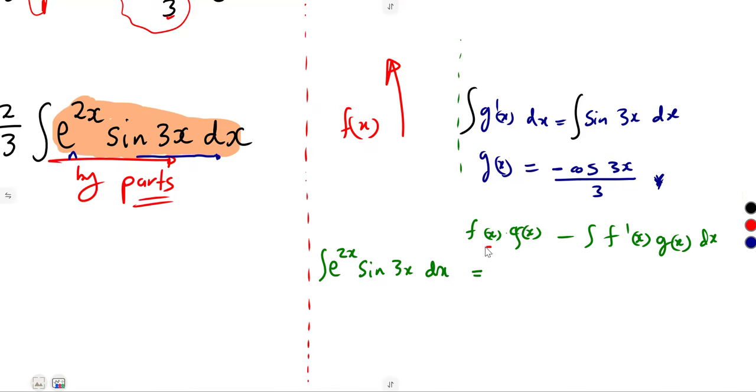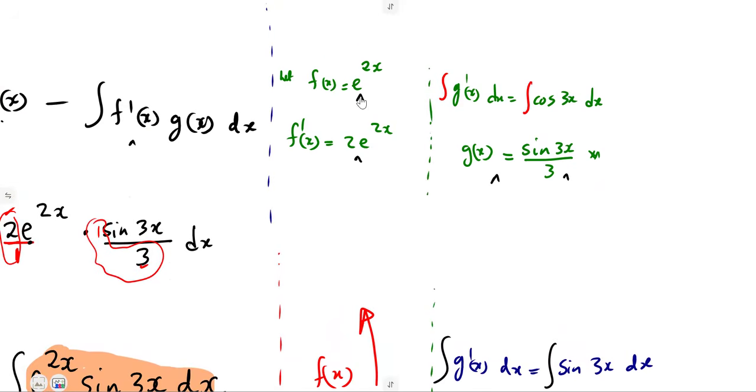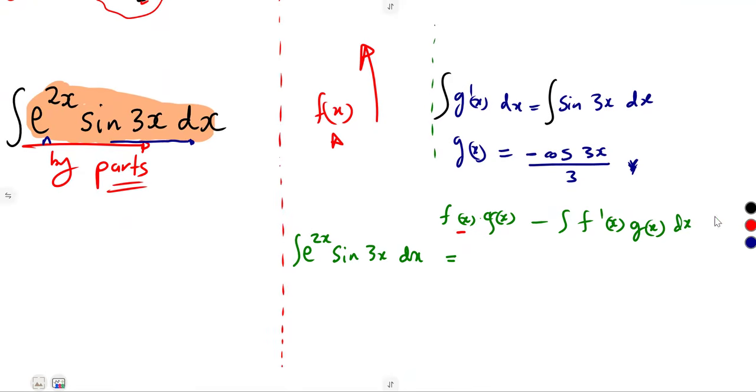So remember we said our f of x as before. That was e to the exponent of 2x. So that's e to the exponent of 2x by the g x that we obtained here, negative cos 3x over 3.